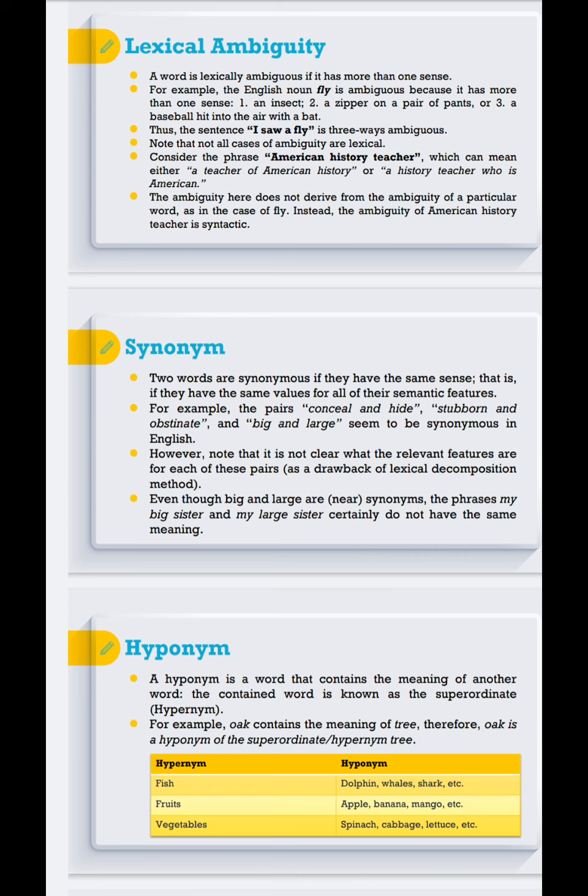However, it is not clear what the relevant features are for each of these pairs, a drawback of the lexical decomposition method. Even though big and large are near synonyms, the phrases my big sister and my large sister certainly do not have the same meaning.